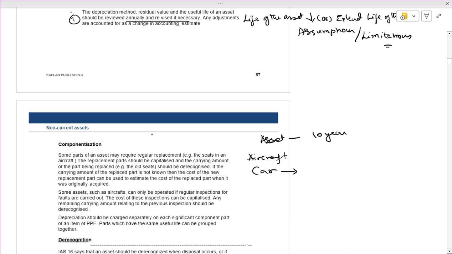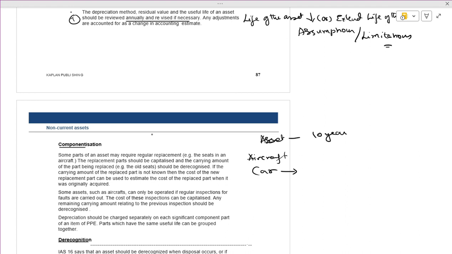What is componentization? A component means one part of the asset. It's not the entire asset, but that part of the asset will have a useful life of more than 1 year.